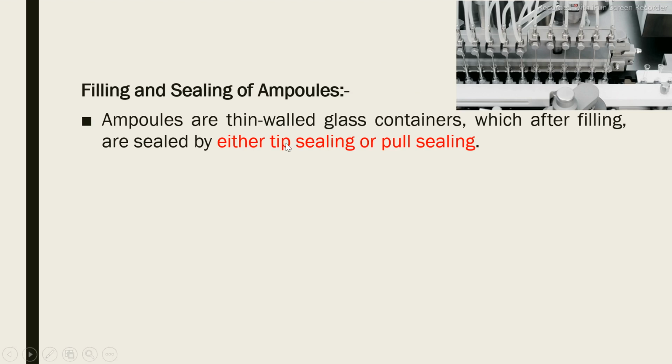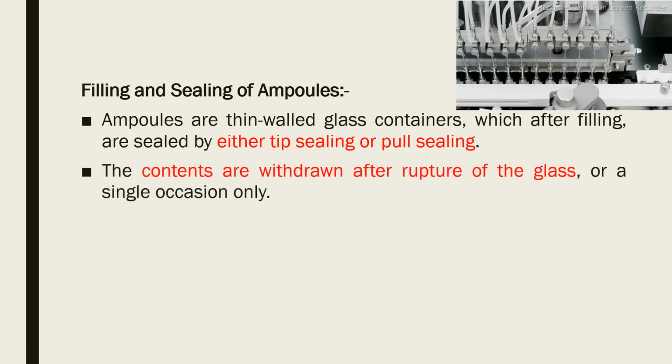Once the filling is done, the ampoules are sealed either by tip sealing or pull sealing. The contents are withdrawn after rupture of the glass, for a single occasion only. Once the ampoule is broken, the whole content of the container has to be taken at one time.